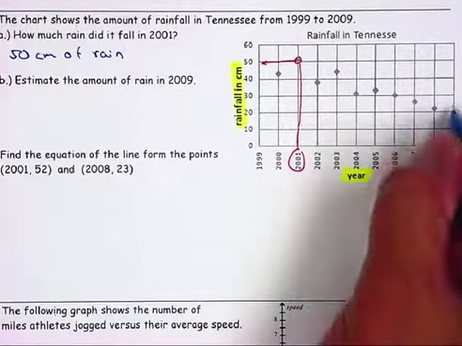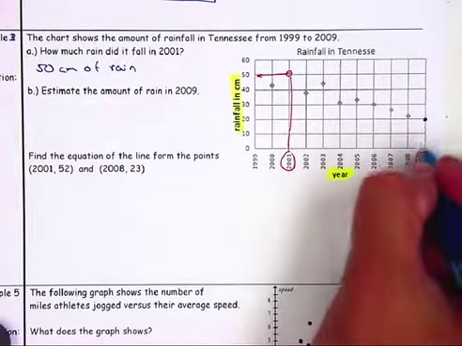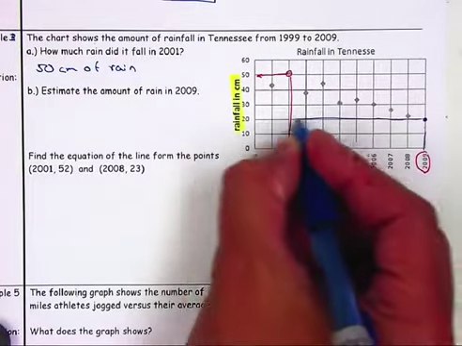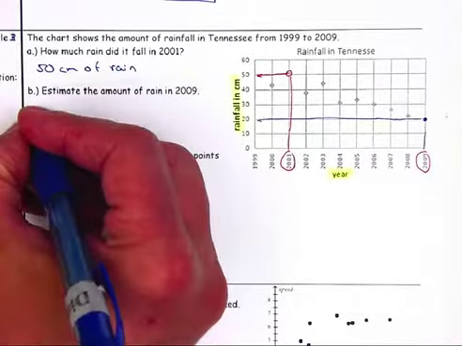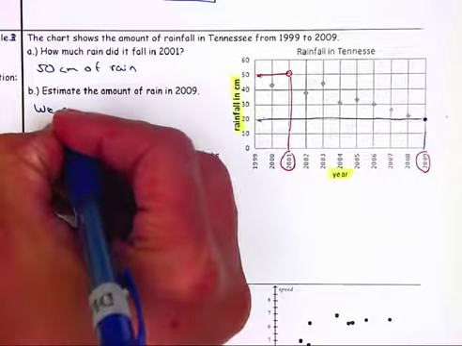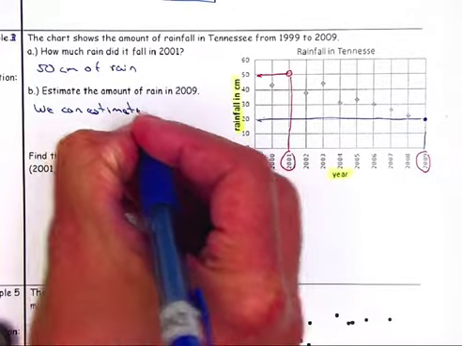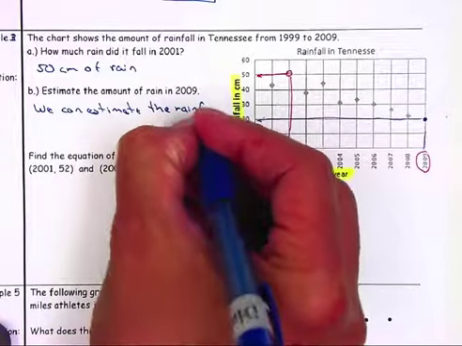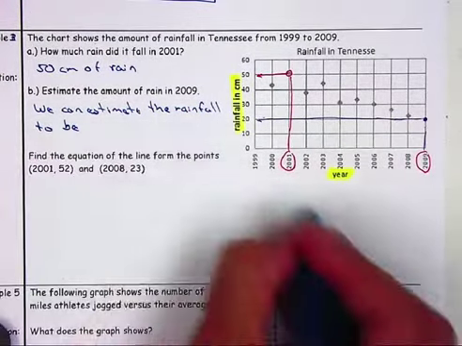Even though there's no point in there, I'm just going to place it there. So therefore, for 2009, we can estimate the rainfall to be 20 centimeters.